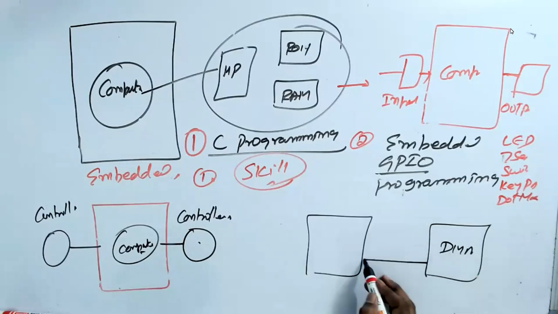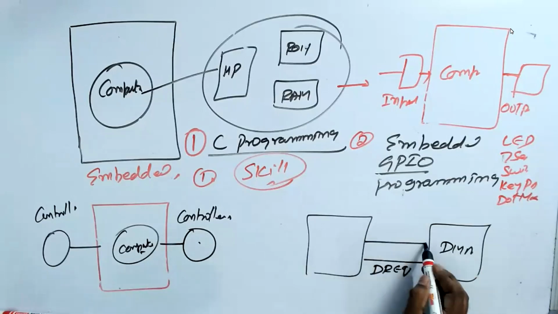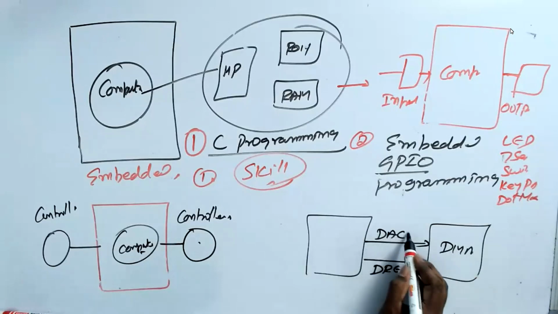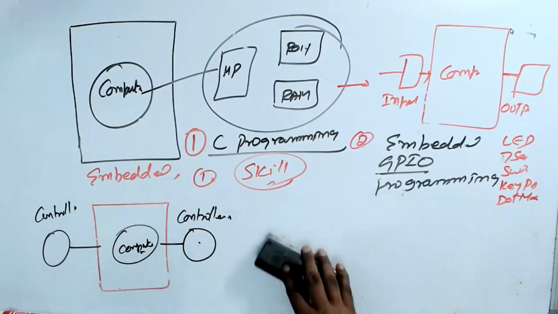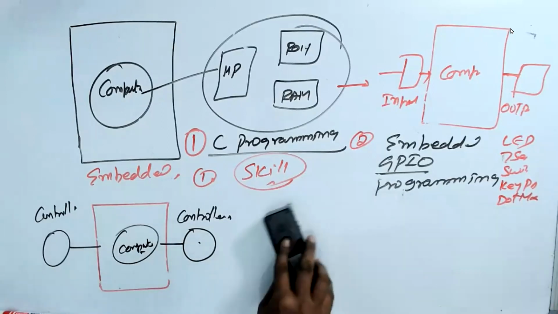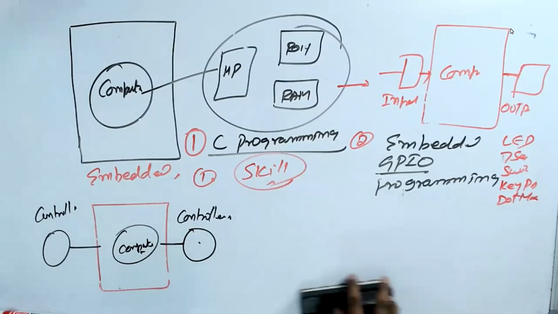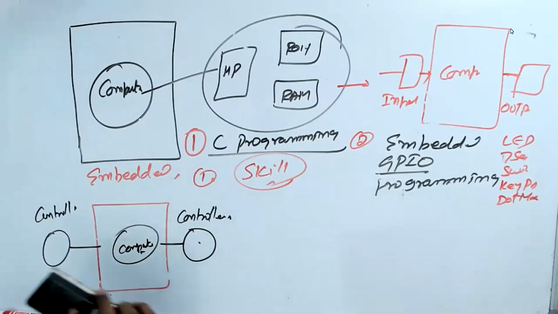The controller uses a signal called DMA request, and it gives a signal called DMA acknowledgement. You understand this?